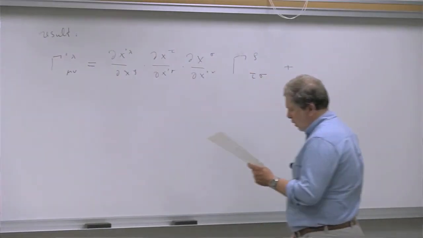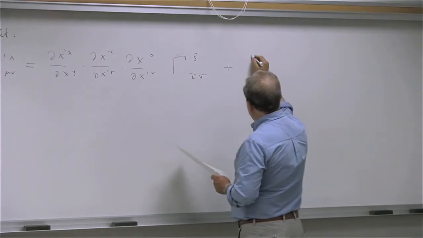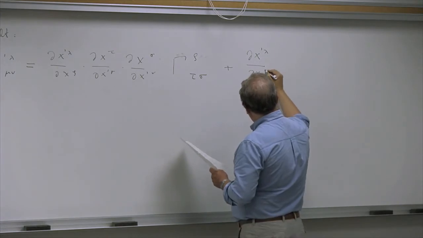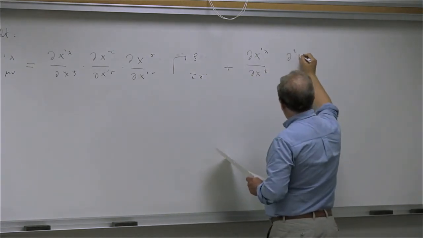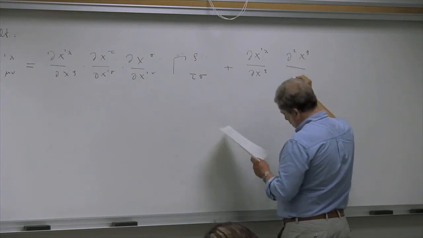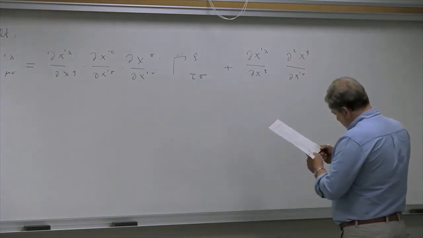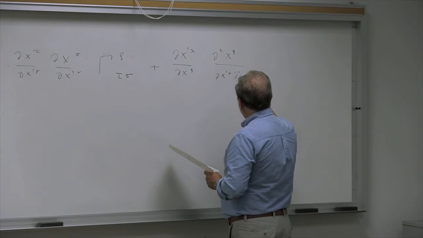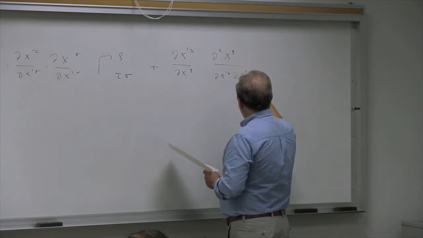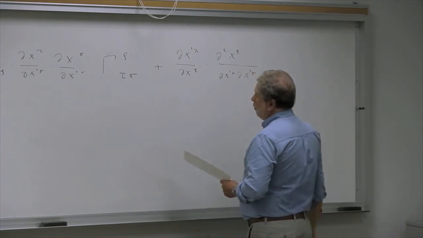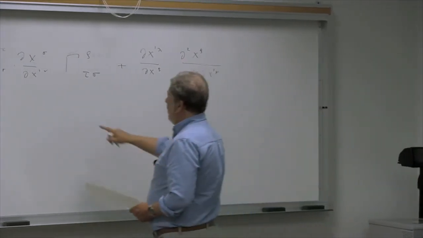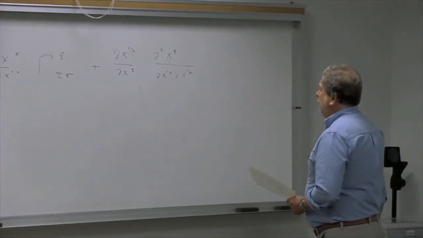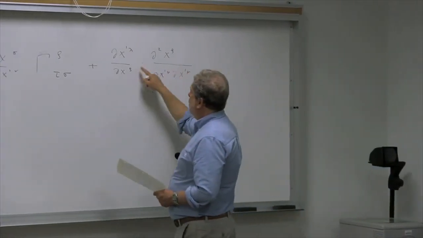When you do this substitution, you get an extra piece, which is dx'^lambda by dx^rho times the second derivative of x^rho with respect to x'^nu and x'^mu, with rho summed over.